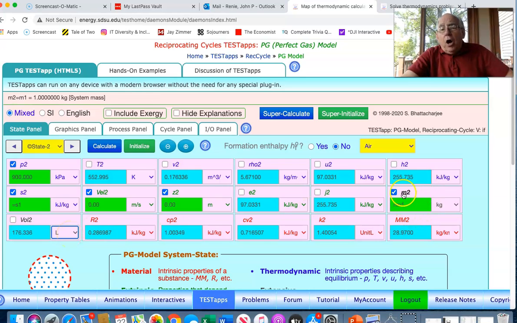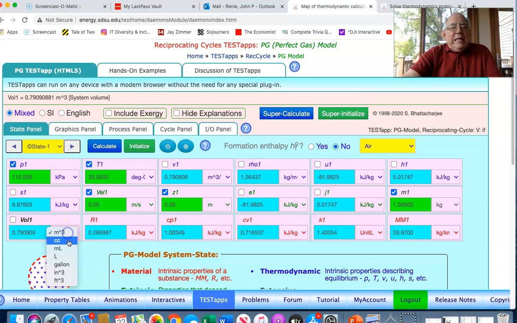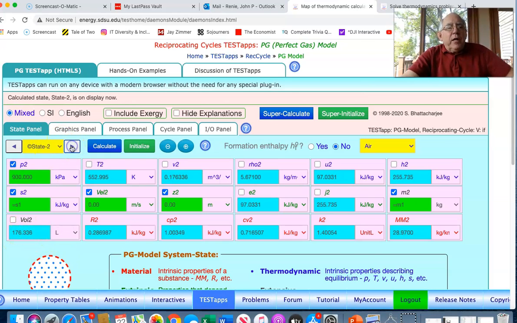Again, it's very large because we have 1 kilogram of working fluid. If we went back to state 1, we would see that the volume is 790. So the compression actually goes from 790 to about 176, and so it's about a 5-to-1 compression ratio.